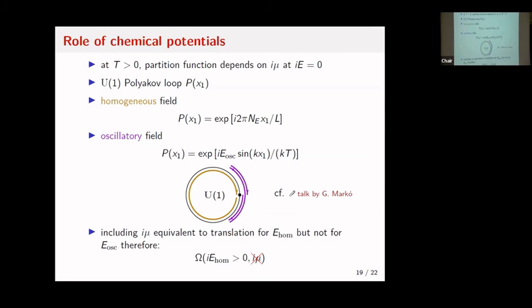And now the important point: if you include not just the electric field, but also an imaginary chemical potential that shifts your starting point along this U(1) circle, for the purple, it does something because the oscillation is now happening along a different point of this circle. But for the homogeneous, it doesn't do anything because you are anyway doing a full circle. Where you start, it doesn't make any difference.